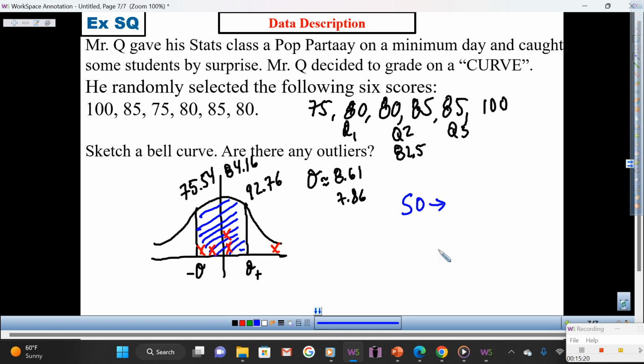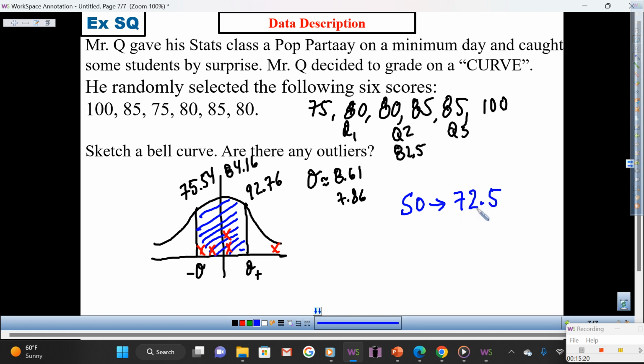What'd you get for the small outlier? Maddie? 72.5.